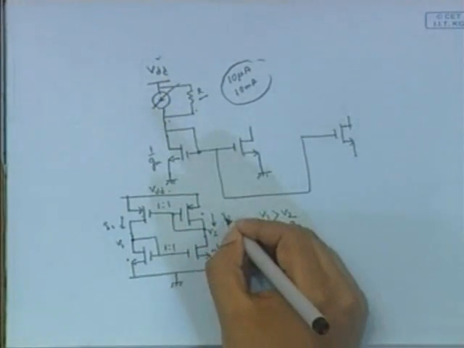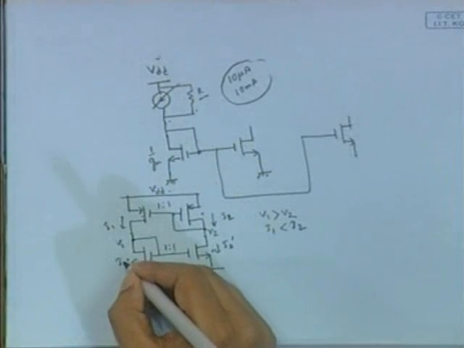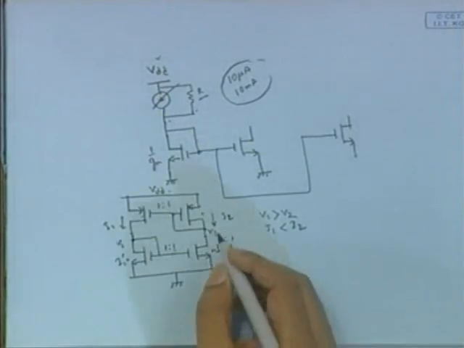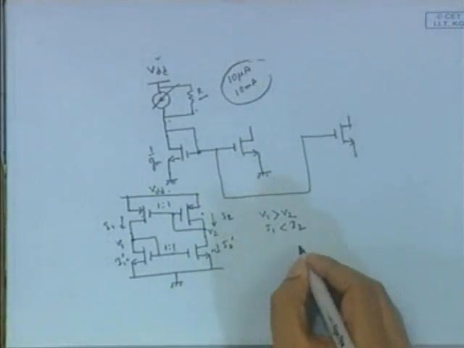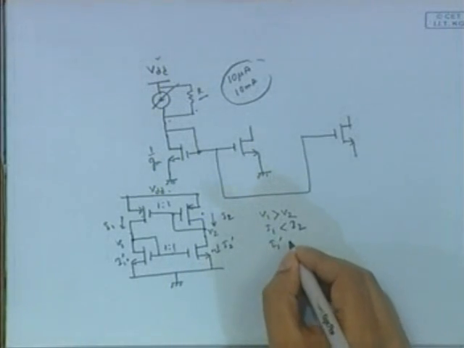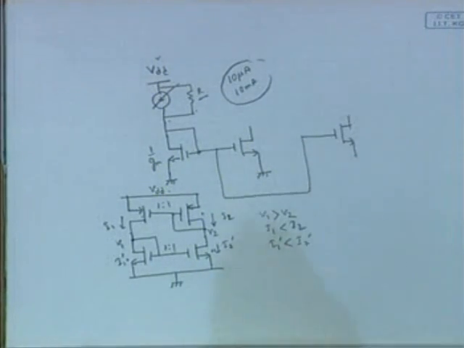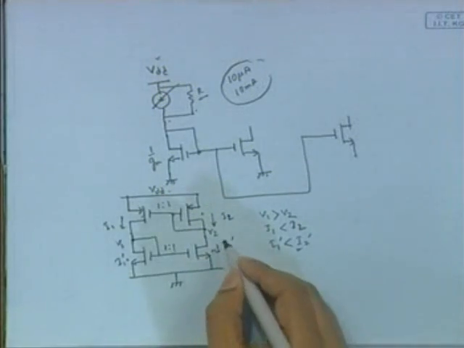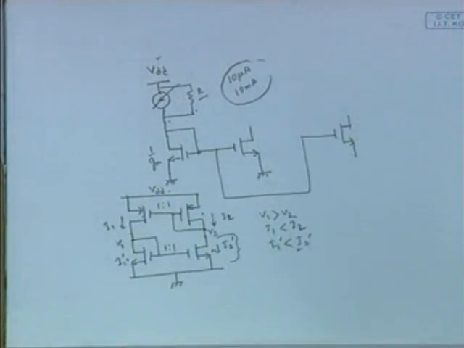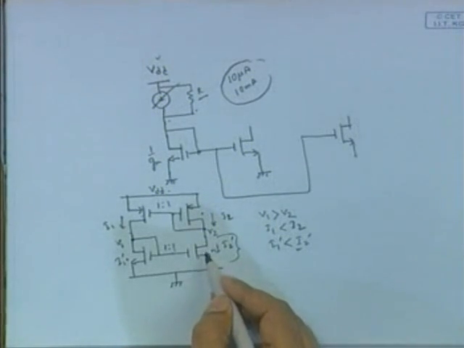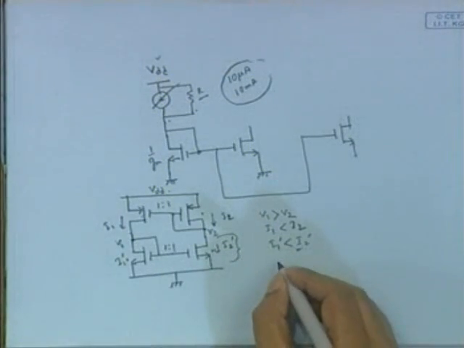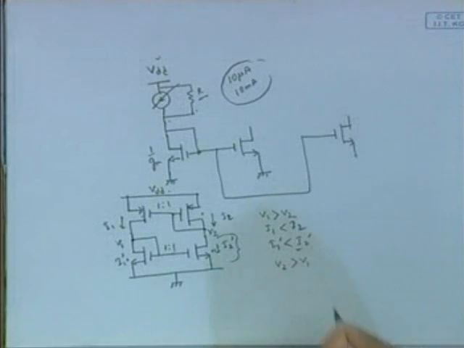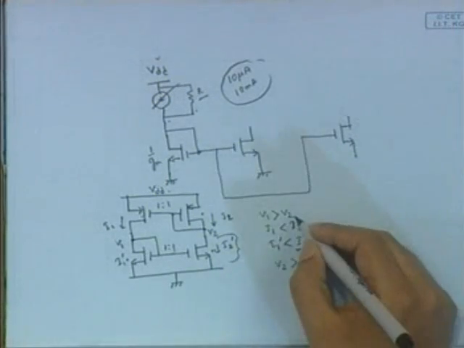If this is I1, this is I2, and this is I2 prime and I1 prime we write, then what happens? I1 prime is less than I2 prime, right? Then I2 prime makes a larger voltage drop across this transistor. This will lead to V2 greater than V1, right? So this is a contradiction.